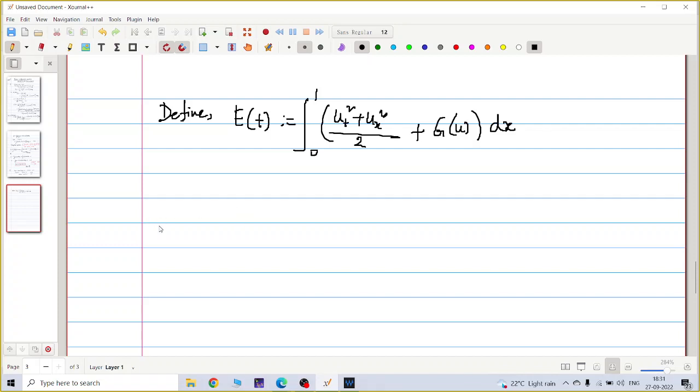So what I will do is, let me write the equation first. utt minus uxx plus f(u) equal to 0.